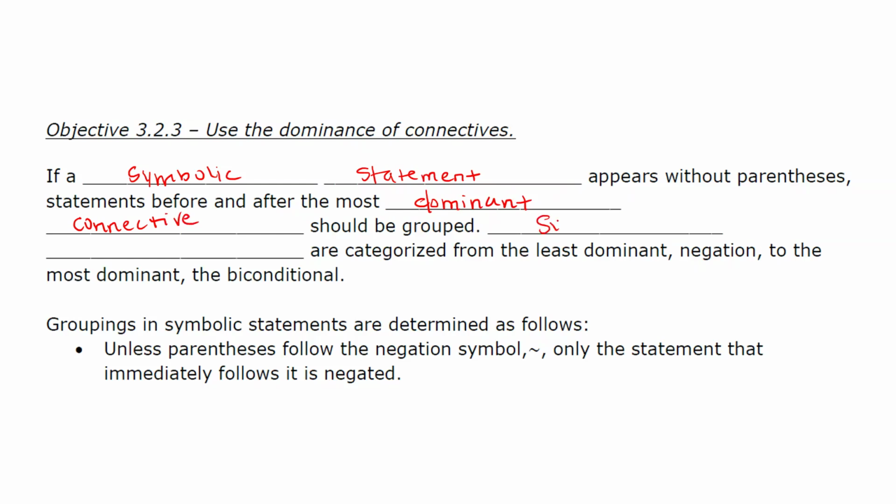Symbolic connectives are categorized from the least dominant negation to the most dominant, the biconditional. So groupings in symbolic statements are determined as follows. Unless parentheses follow the negation symbol, only the statement that immediately follows is negated.